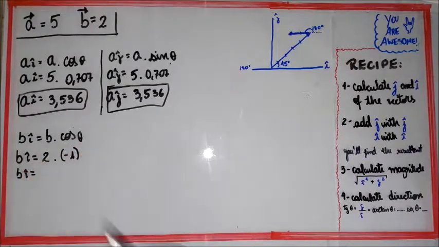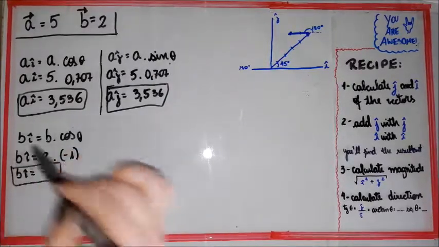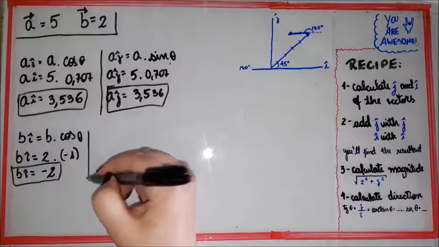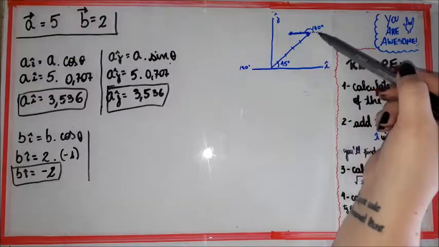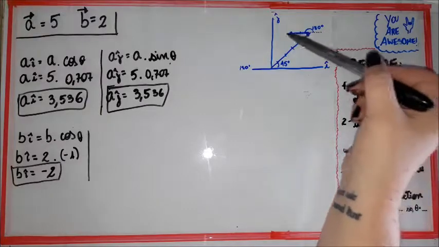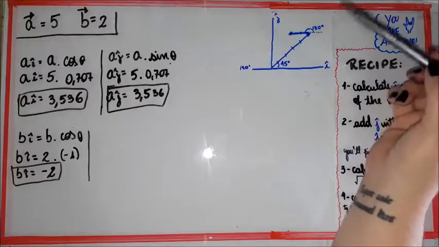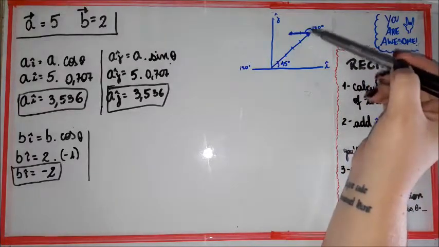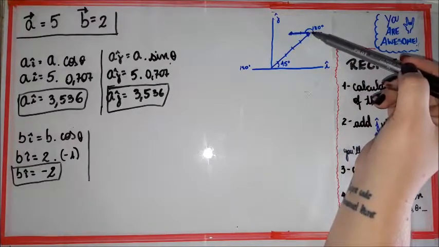B i is equal to negative 2. We don't need to calculate it, but we're going to do it. I just want you to notice that in this case, we're not going to have any B j hat because we only have the vector in this direction. We don't have any part of it in another direction. It's just horizontal, right?